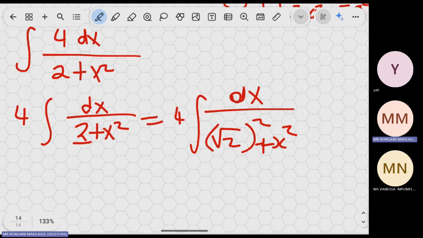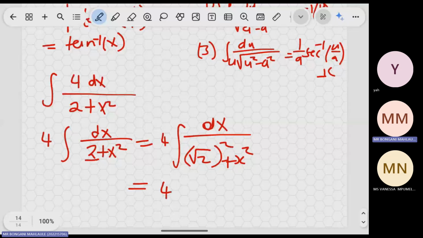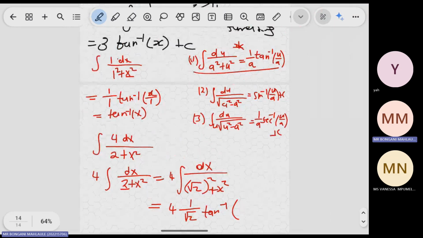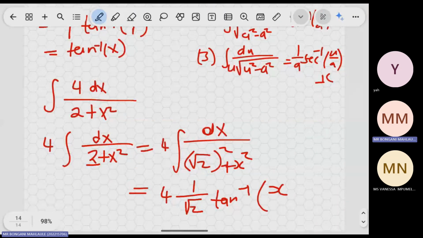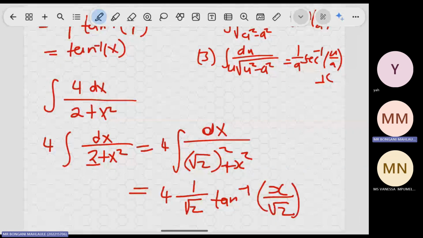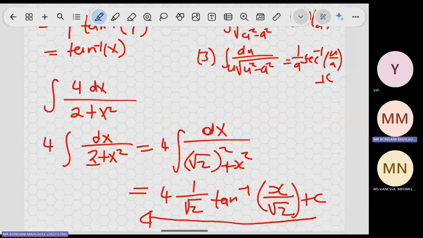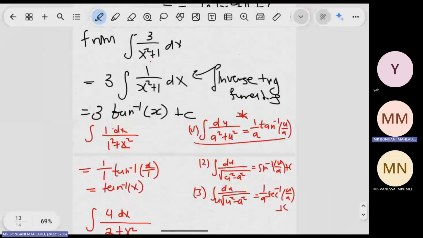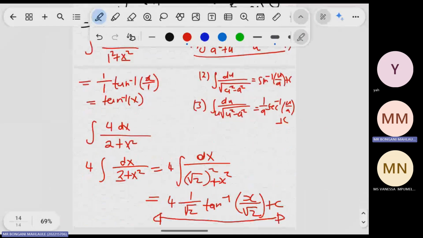Meaning that this was going to be equal to 4 times 1 over root 2, the arctan of x over root 2 plus c. So you see that knowing these rules is very important, but it's fine. I was just showing you how you actually use them.